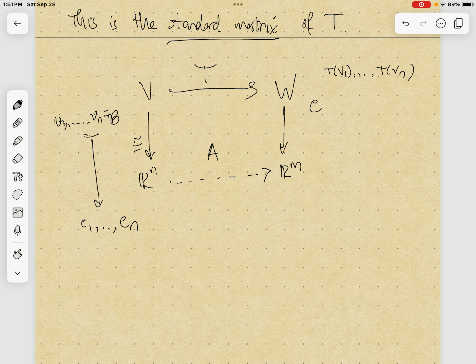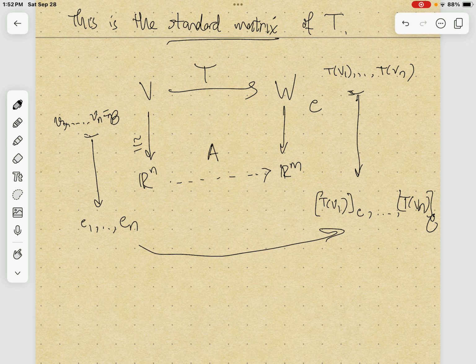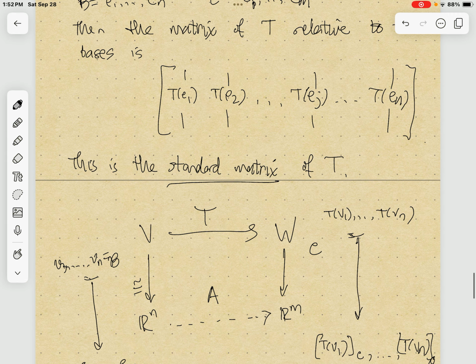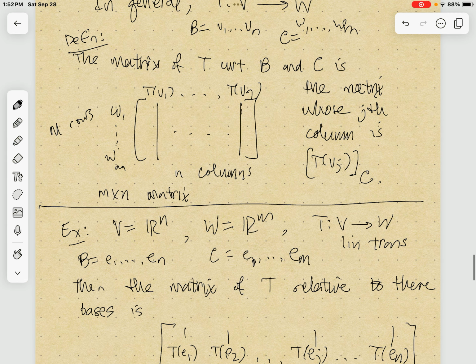And each of those is going to have a representative in terms of the basis C. So these are going to go to T of V1 relative to C, through T of Vn relative to C, right? And now the matrix A will take E1 through En to precisely those vectors by the way we defined it here.